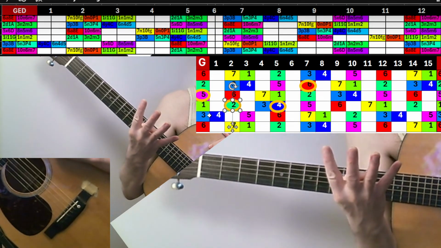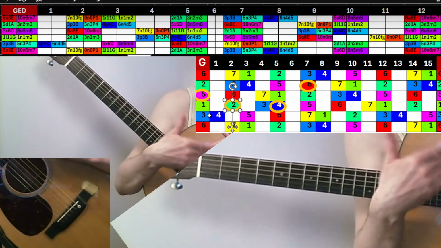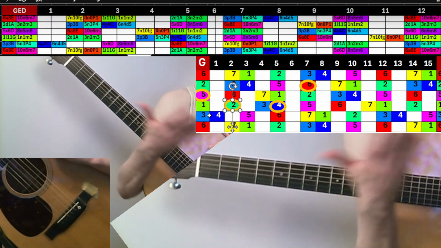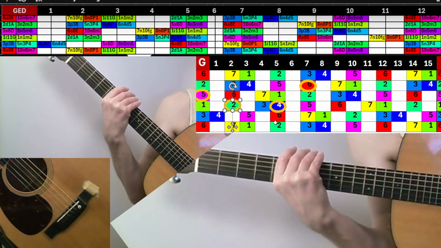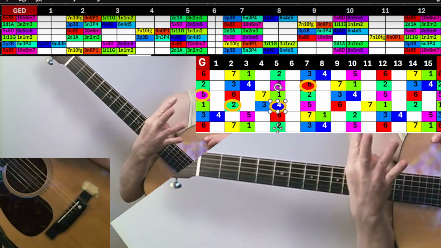It's 4 half steps, which is the 5th scale degree. So the nodal point 2 Dorian is the 5th of nodal point 5 Mixolydian. And then out here, we have the 7th away because it's 2, 3, 4, 5, 6, 7.